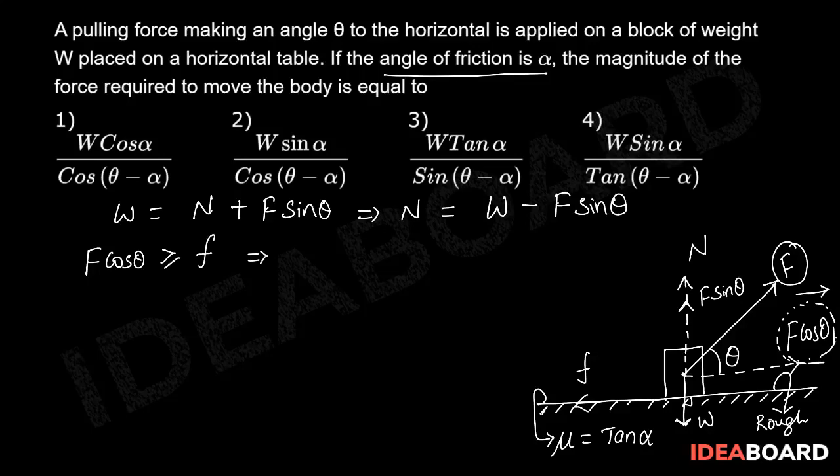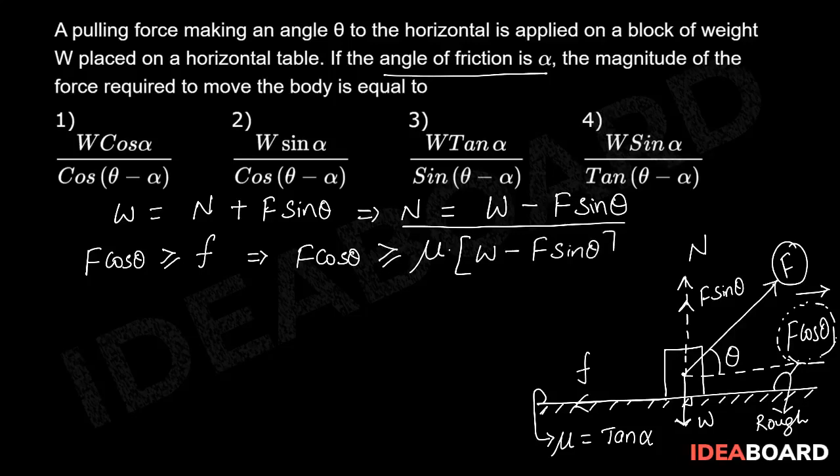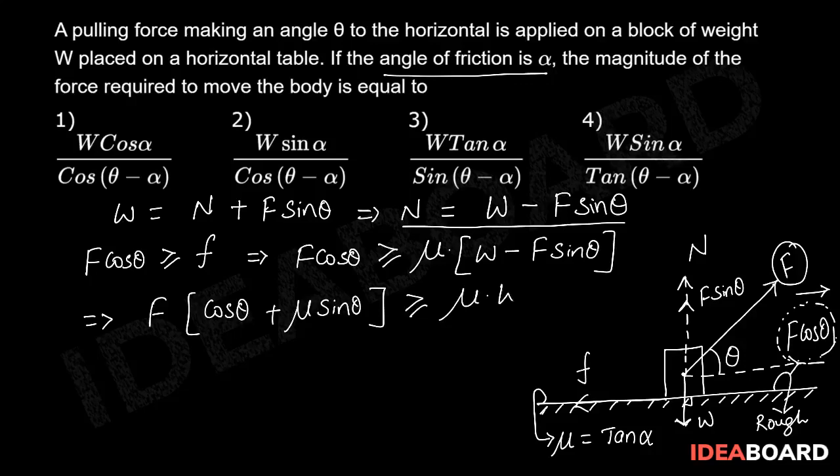So this means F cos theta should be greater than or equal to mu times normal force, and normal force is W minus F sin theta. So mu times (W minus F sin theta). Rearranging this equation, we can write F times (cos theta plus mu times sin theta) is greater than or equal to mu times W.